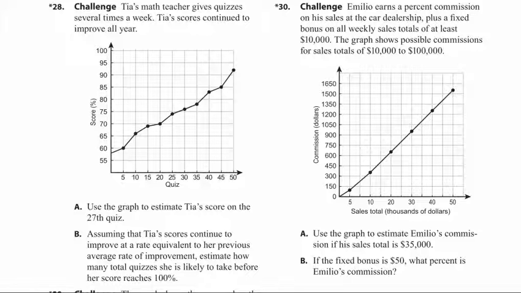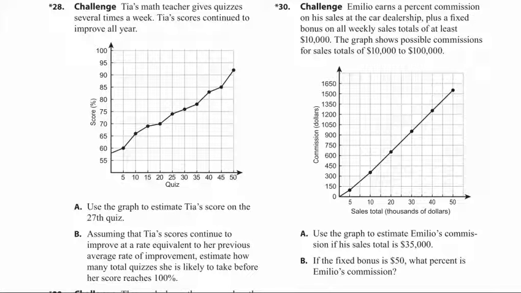All right, how about problem number 28? Tia's math teacher gives quizzes several times a week. Tia's scores continue to improve all year, and we can see that on the graph, on the scores that she gets for every one of the quizzes, and you can see that the scores are going up, right?